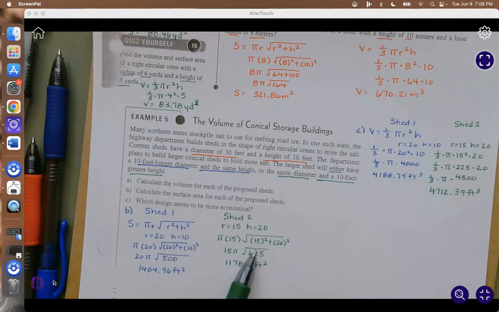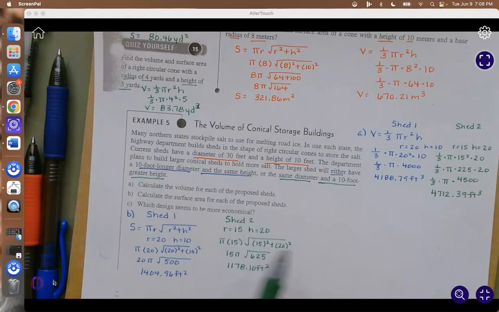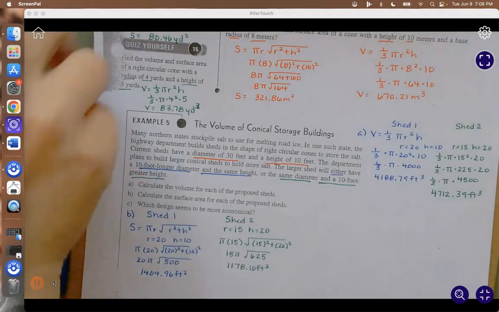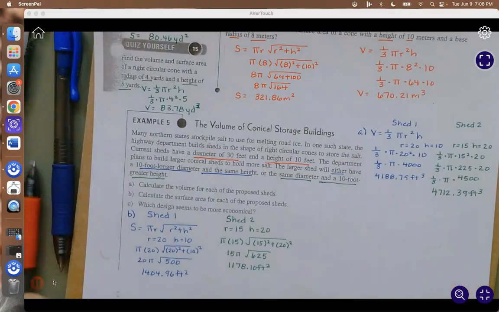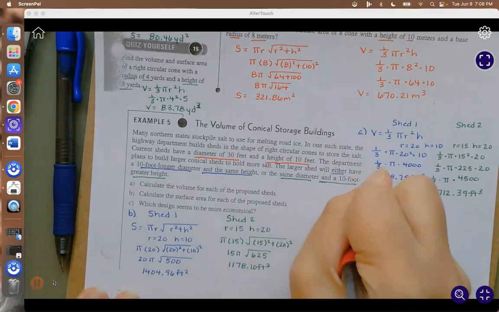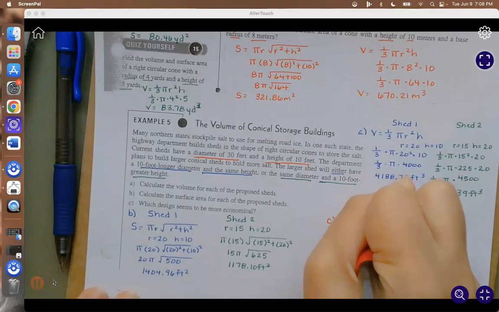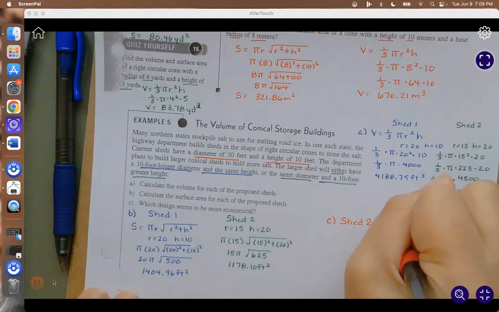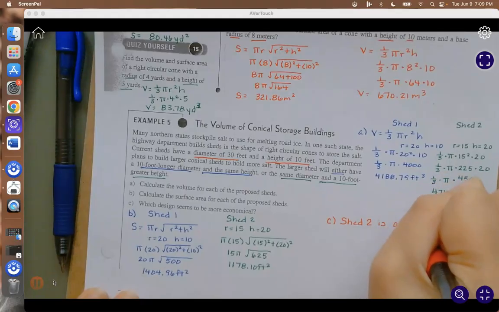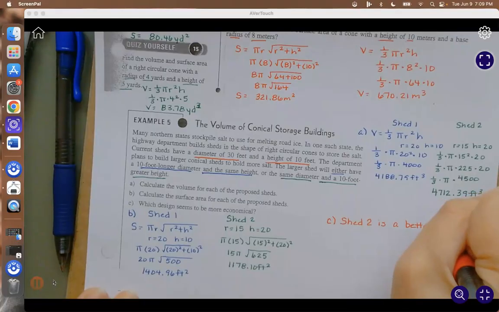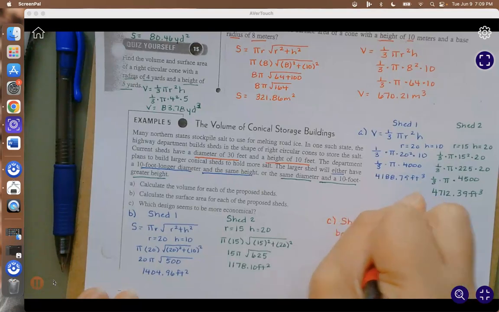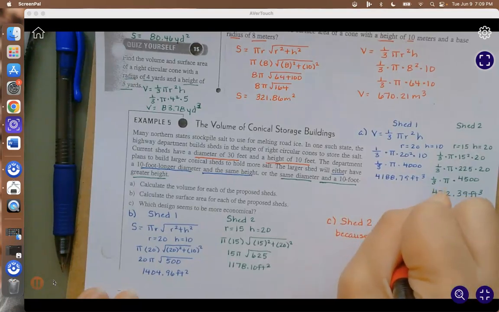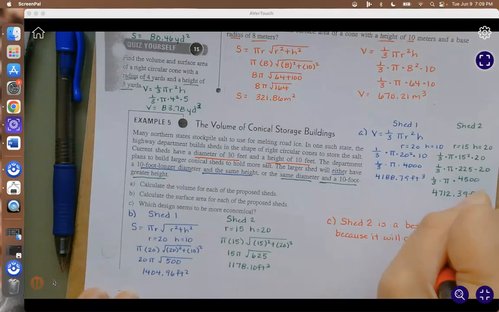Okay, which design seems more economical? Well, this one's going to be a smaller shed, so it costs less to build, but it holds more. So shed 2 is more economical. You can write that here. Shed 2 is a better deal because it will cost less to build.